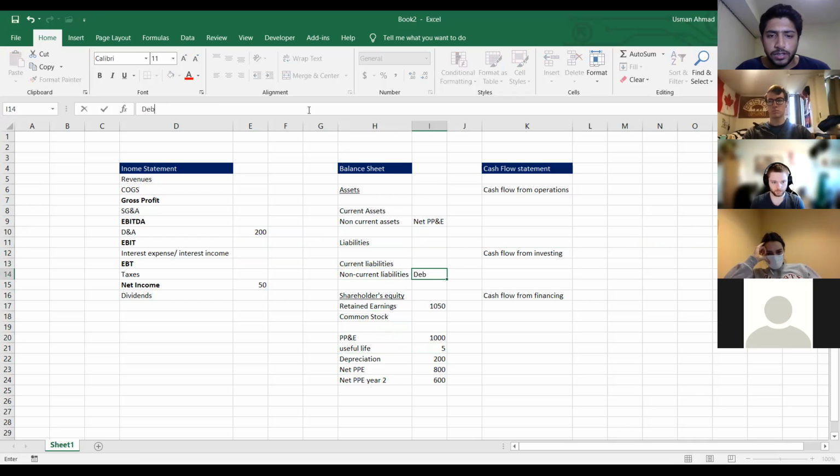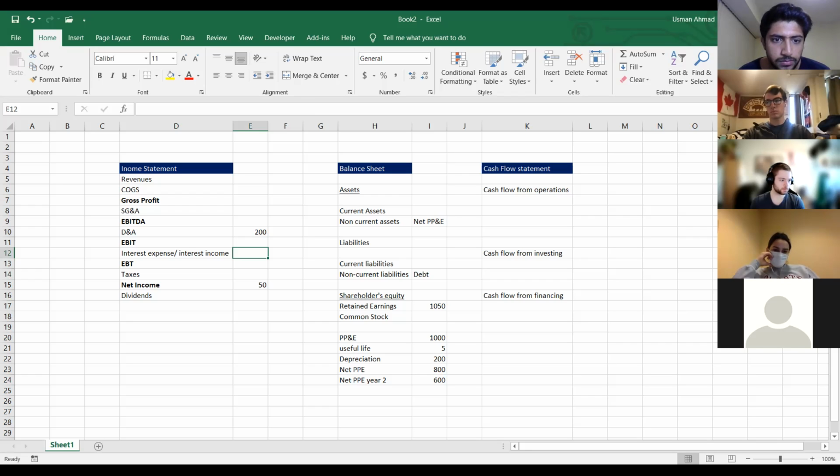And then here in the non-current liabilities, we have debt. So any interest expense on that debt is linked here. Any questions so far?